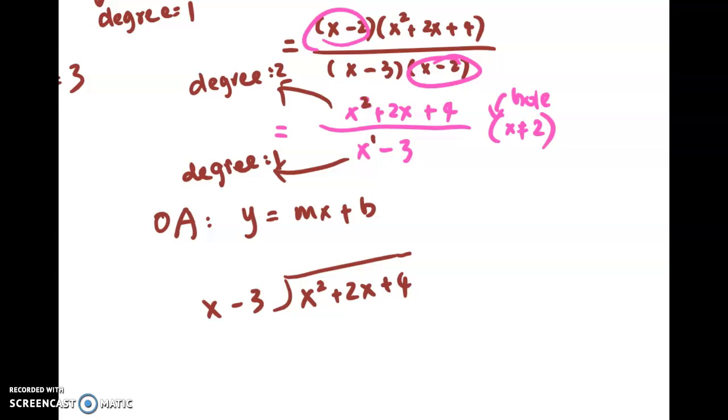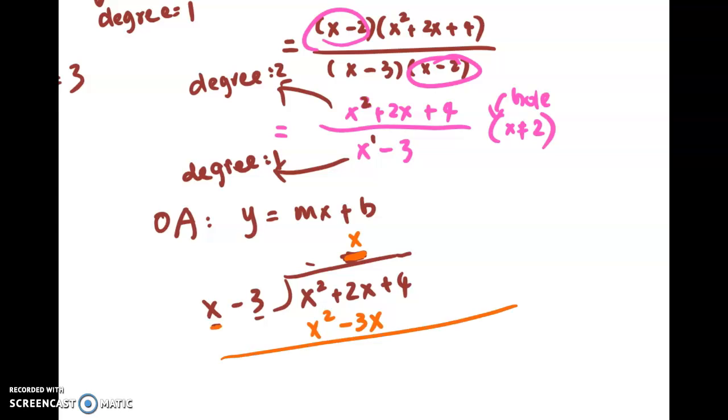Since we have 2 terms over here, the first term of the quotient will appear here. First I want to find a term over here so that this term times x will give me x squared. So that's x. x times x is x squared. Keep multiplying. x times negative 3 is negative 3x.